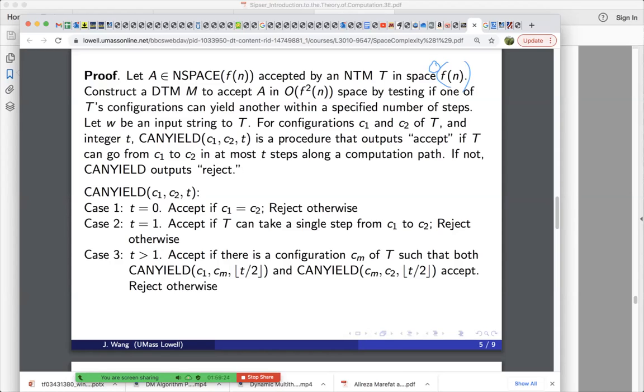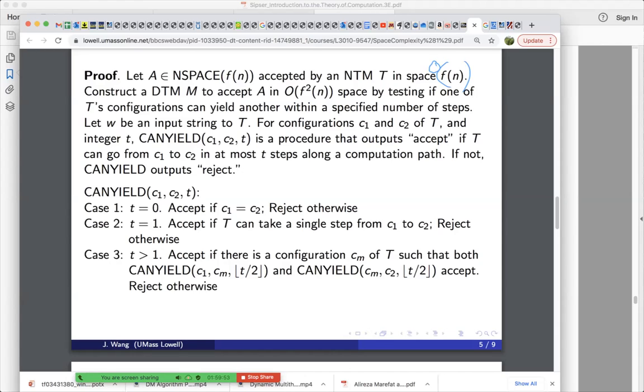So let's see how we can do this. CANYIELD(C1, C2, t). Now remember, it accepts if C1 can go to C2 in t steps. Otherwise it rejects. So this is sort of the idea of induction on t. So we start from the base case. So t is either 0 or 1.